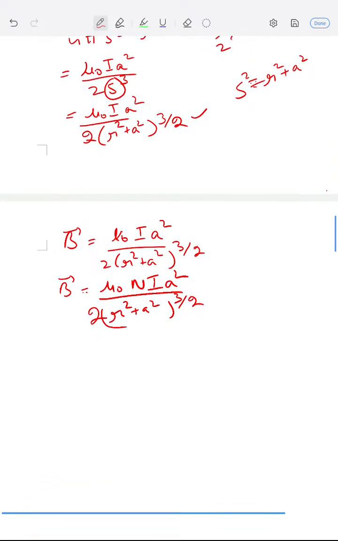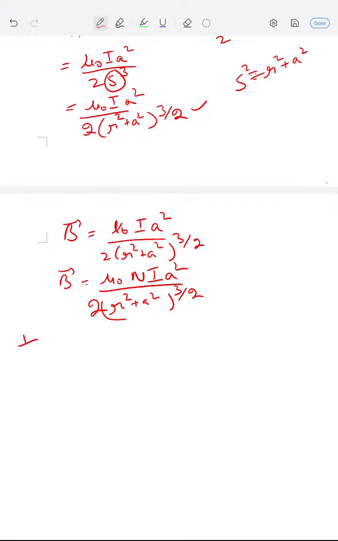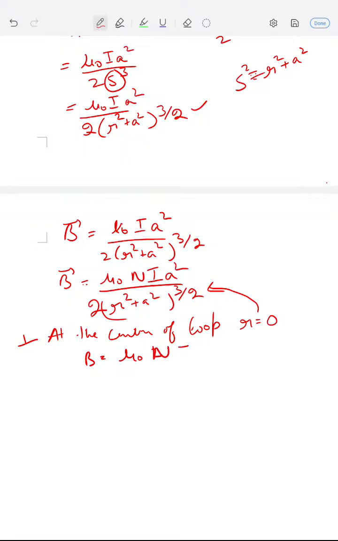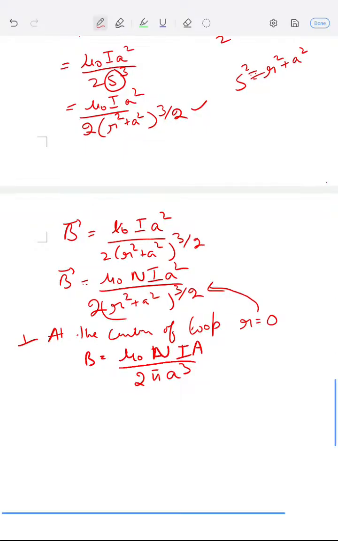At the center of the loop, r is 0. So we put r equals 0 here, and the answer will be mu 0 n I upon 2a.